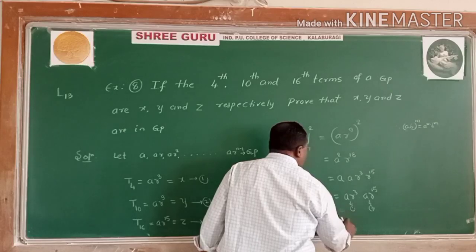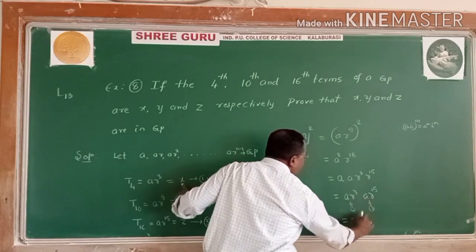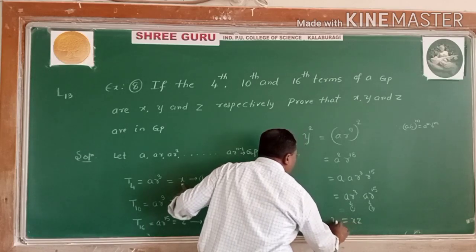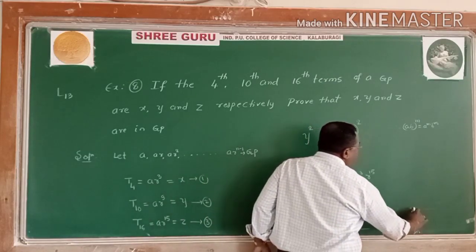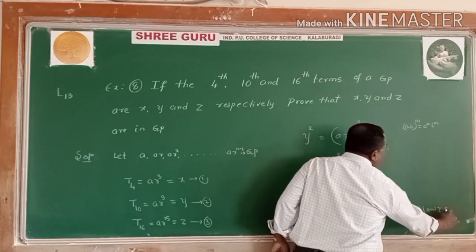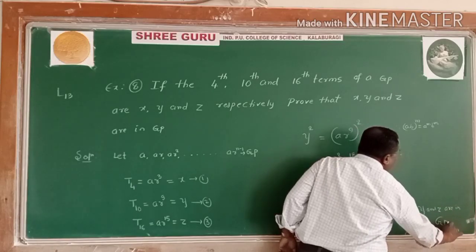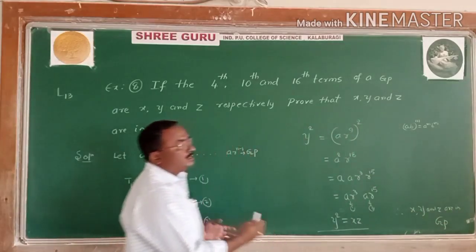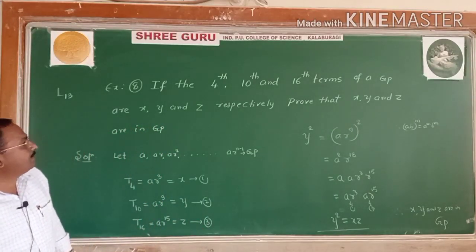That value is x, this is z. Therefore, y square equals xz. Therefore, x, y, and z are in GP. This is the proof that x, y, z are in the form of GP.